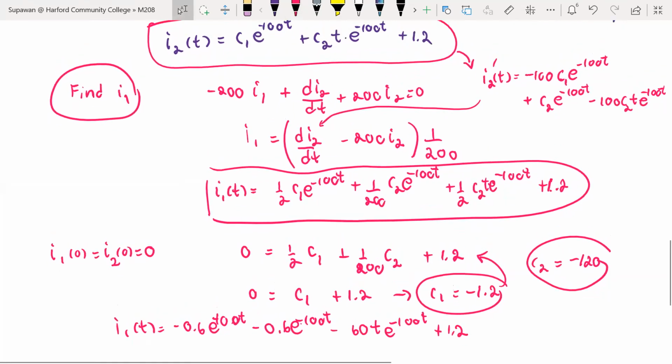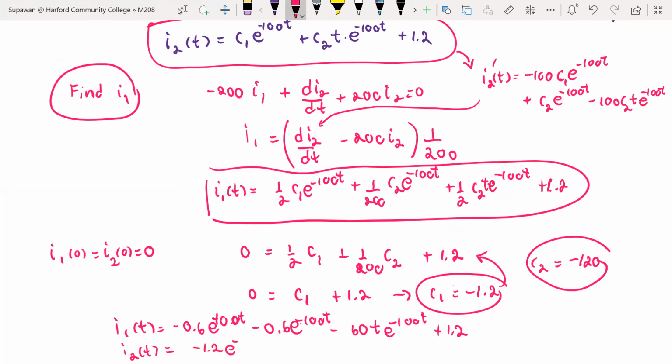And for I2, in a similar way, I2 at t equals C1, which is negative 1.2 e to the negative 100t plus C2, which is negative 120 multiplied by t e to the negative 100t, and then plus 1.2.